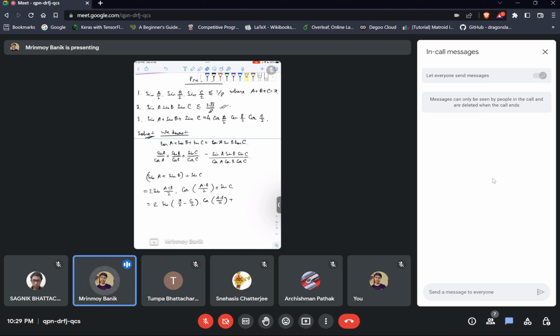This sine C can be written as 2 sine C by 2 cos C by 2. And now this is also a cos, so the 2 cos C by 2 you can take common, it's cos (A minus B) by 2 plus sine C by 2.